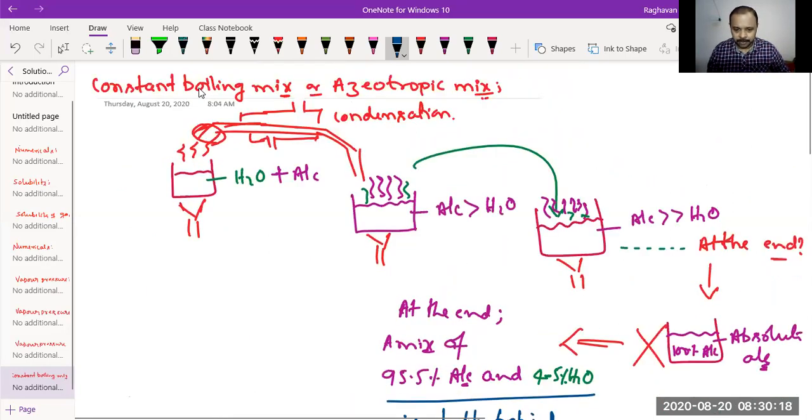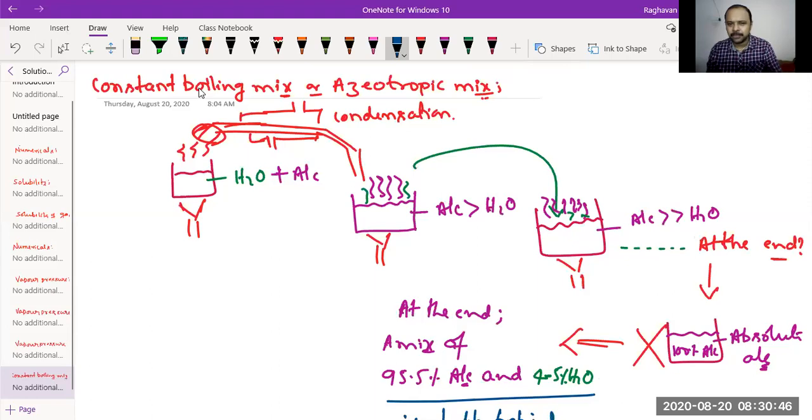It is difficult to convert this rectified spirit into absolute alcohol, but sometimes 100% alcohol is required industrially, for reactions and to maintain the solvent as alcohol medium. In such cases they resort to different methodology. Now 4.5% water has to be removed.